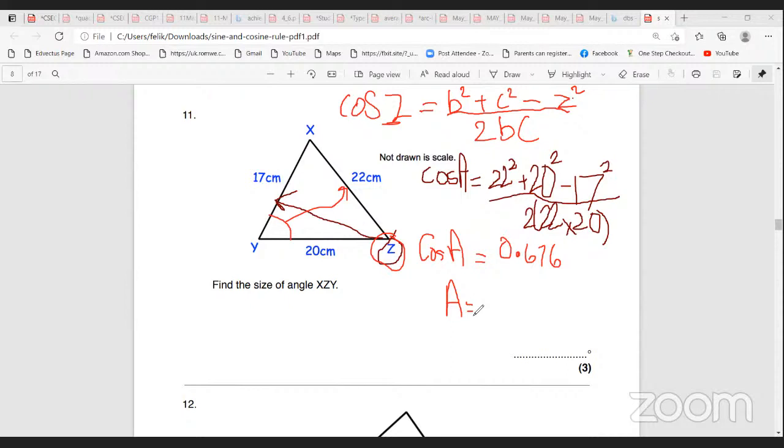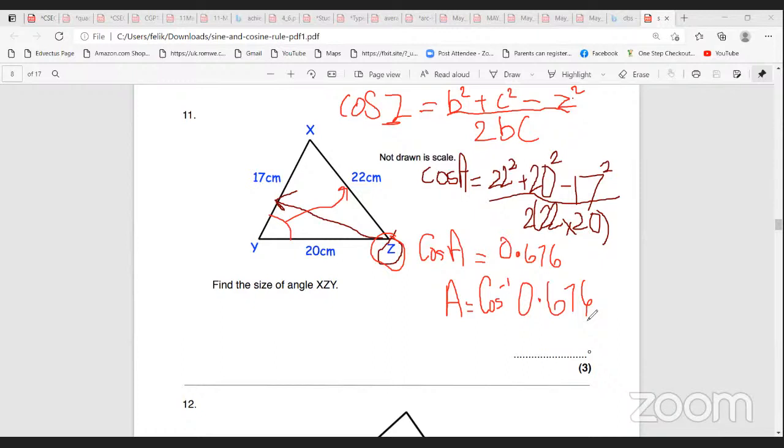So A equals, carry over the cos. When we carry over the cos, it's not going to be divided by cos, but it's going to be cos inverse of 0.676. So when you think of dividing through by cos, just remember it's going to be cos inverse.